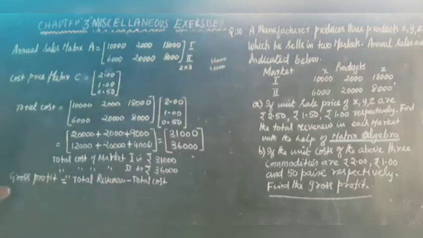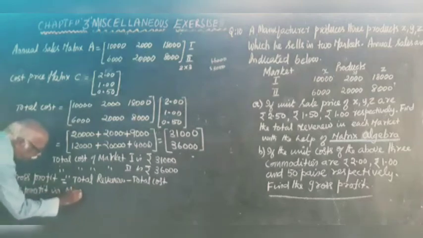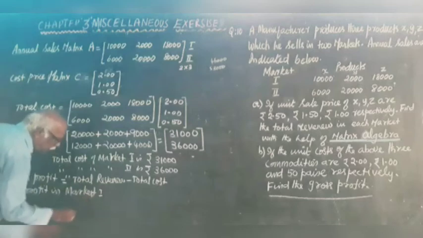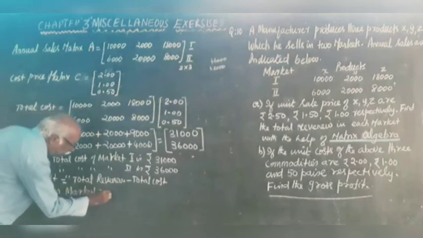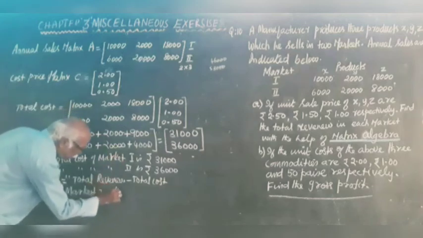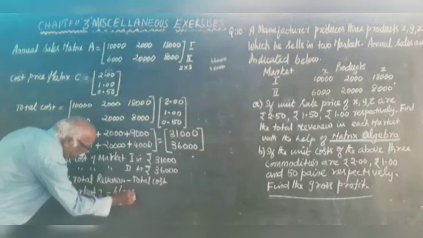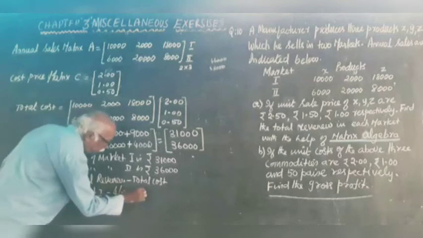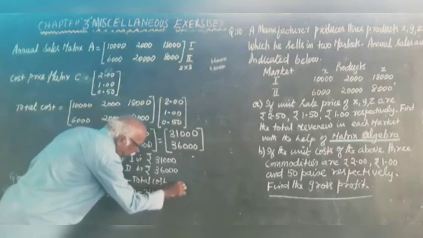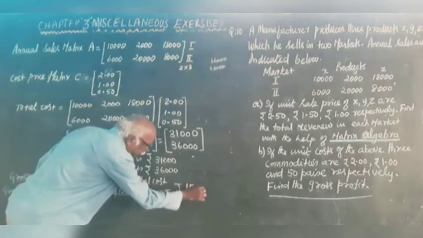Gross profit in market 1 is equal to 46,000 minus 31,000, rupees 15,000.